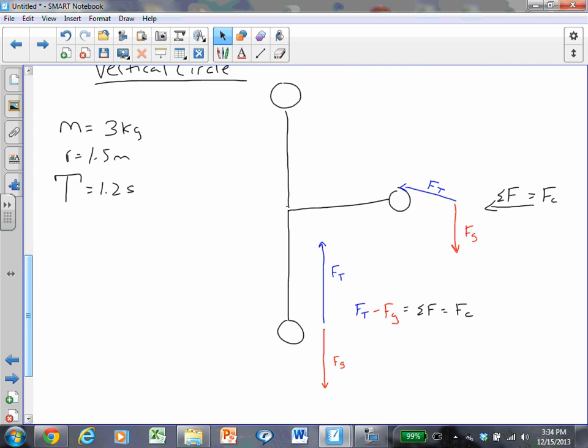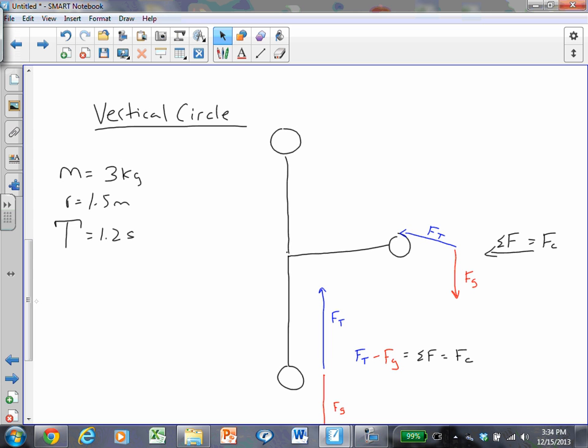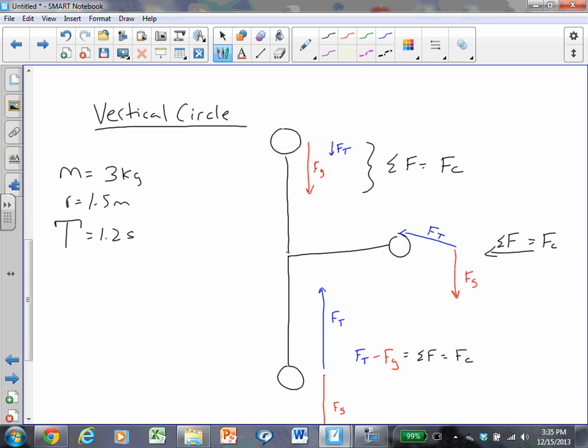That's kind of tricky. And then at the top here, in this case we have Fg in the same direction as Ft, but they still have to add together to give you the sum of the forces of Fc. So in this case, it would be Fg plus Ft equals Fc.